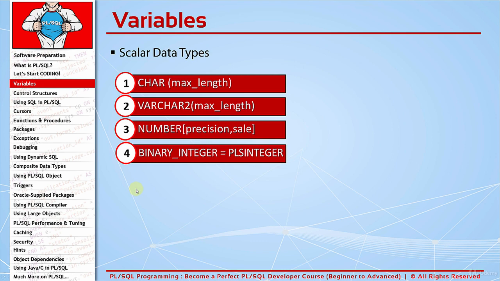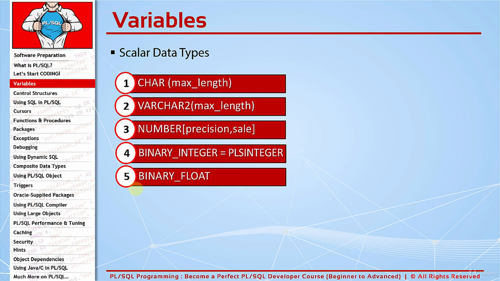They are not exactly 2 billion, but it's hard to say, so I simply say 2 billion. You can check if you wish. PLS_INTEGER and binary integers are faster and require less storage than numbers. And in arithmetic operations, these are faster than numbers.